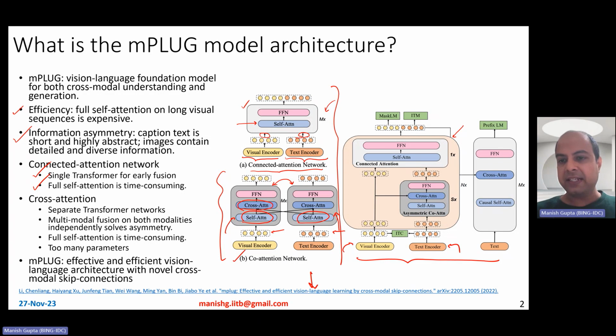Let's look at how it works. The text encoder output is passed to an asymmetric co-attention layer, and there are several such layers, maybe imagine 3. First of all, the vision and text encoders pass their inputs to a large block of mPLUG layers, n mPLUG layers.